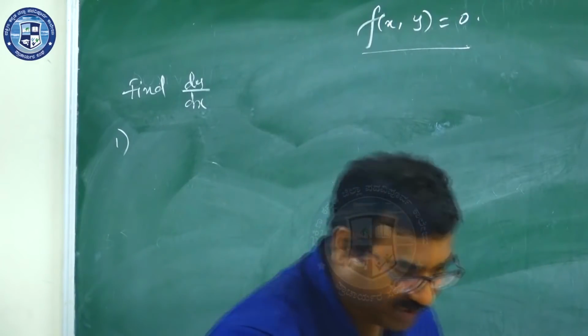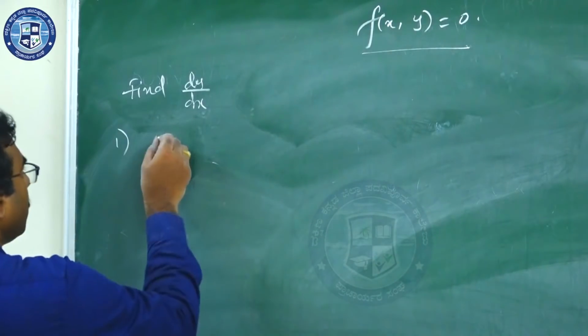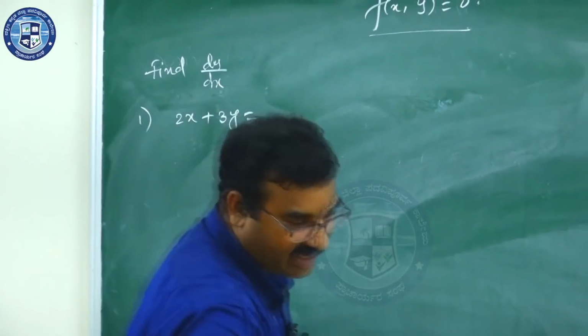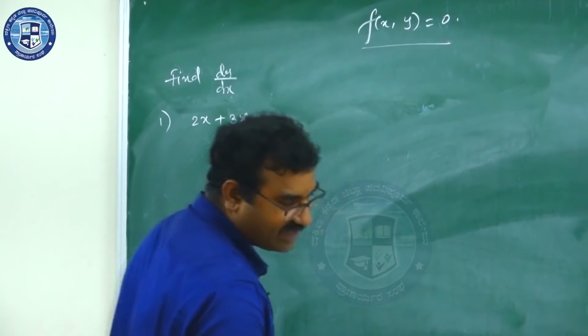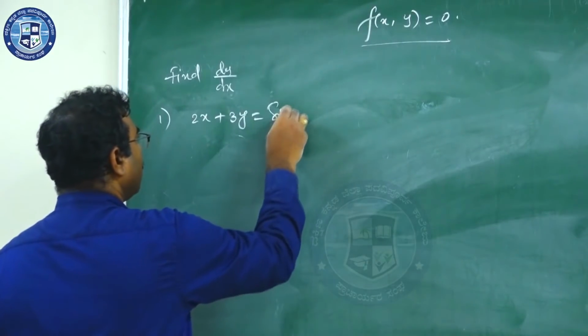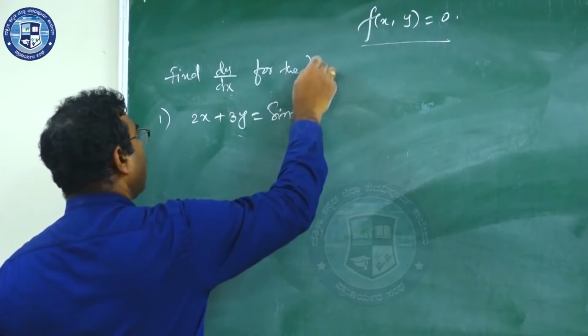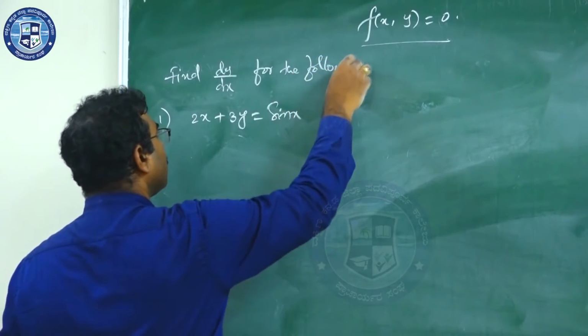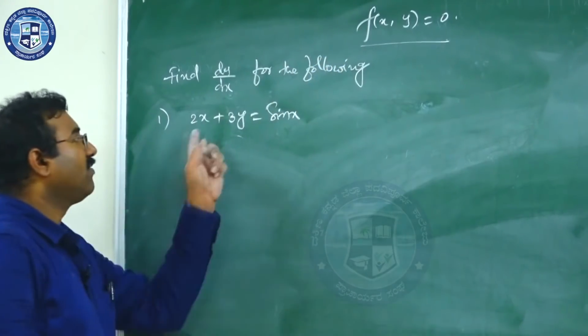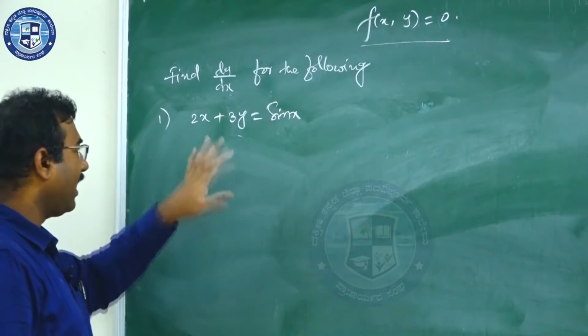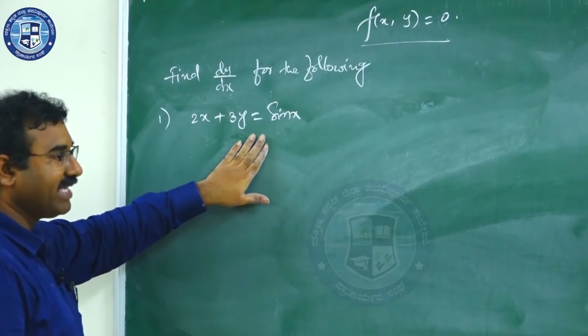The first problem, 2x plus 3y is equal to sin x. They have given like this. We need to find dy by dx for this.